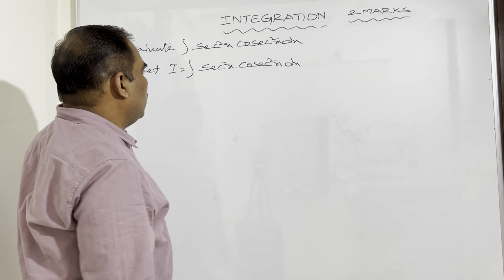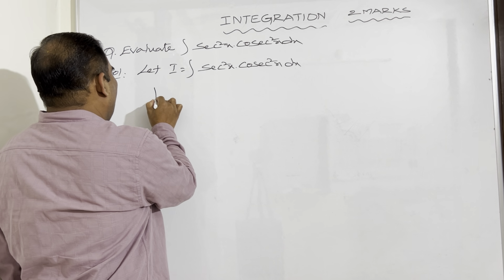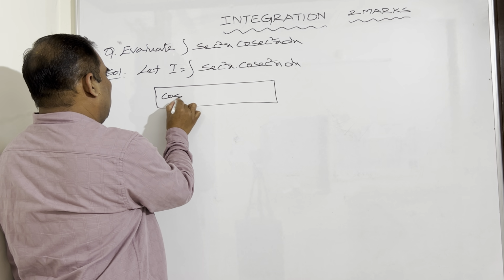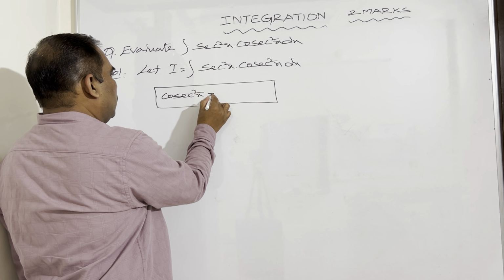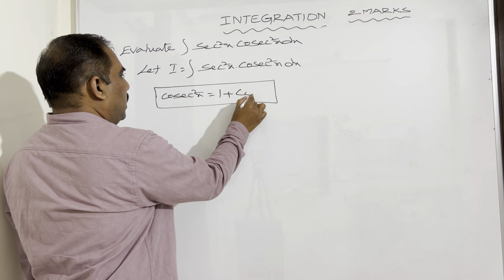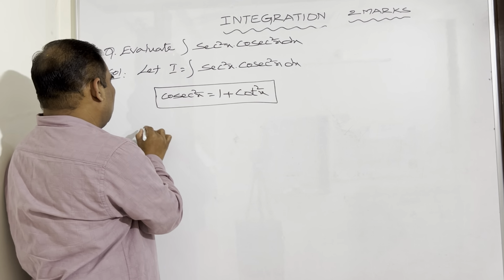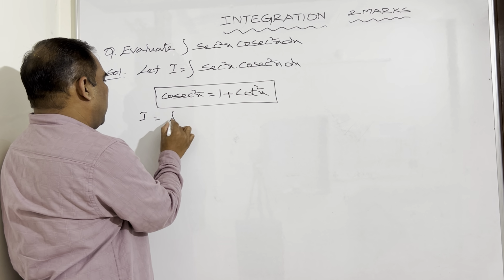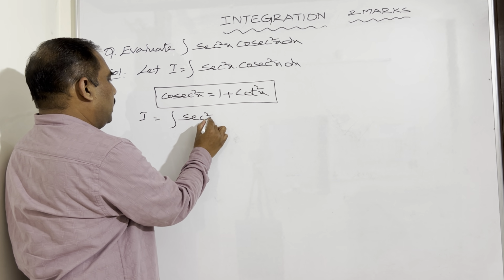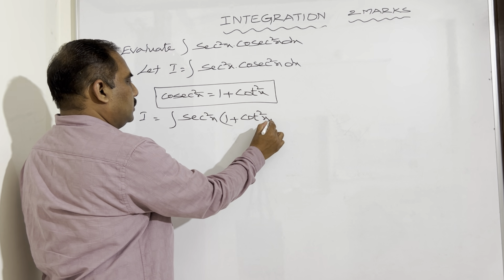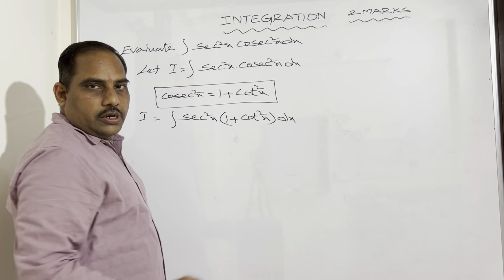So now, to solve this one we have the identity: cosecant square x is equal to 1 plus cot square x. So cosecant square x is replaced by 1 plus cot square x into dx.